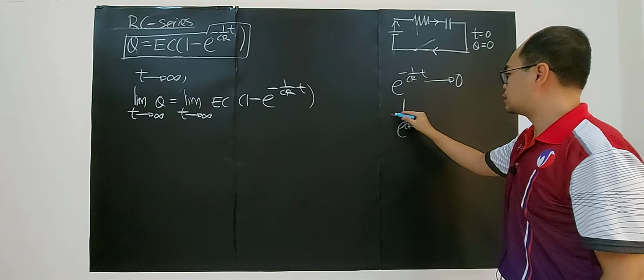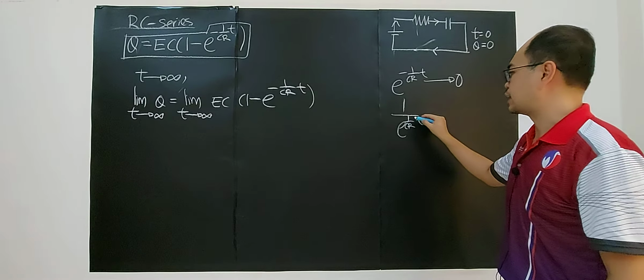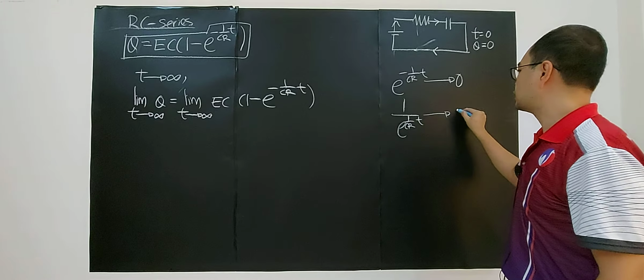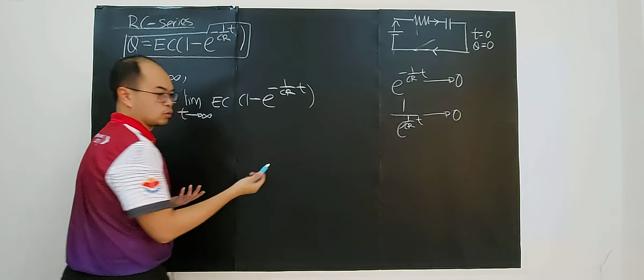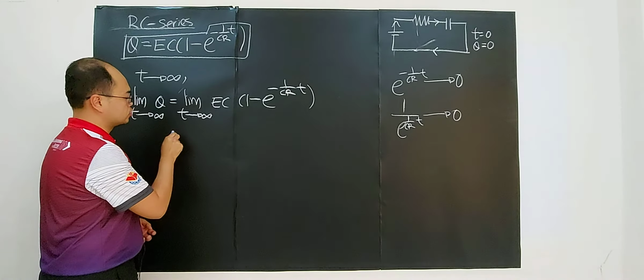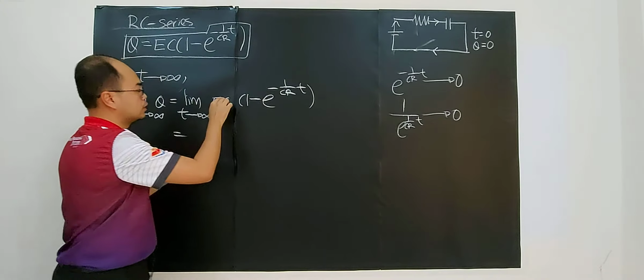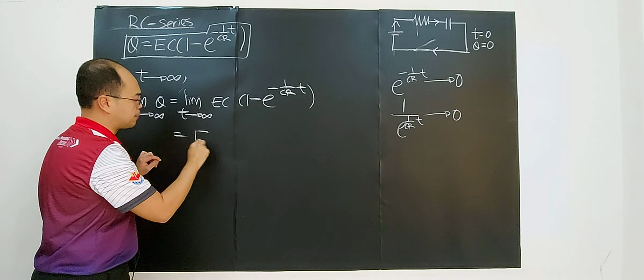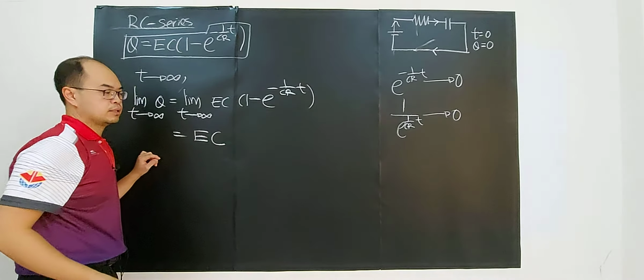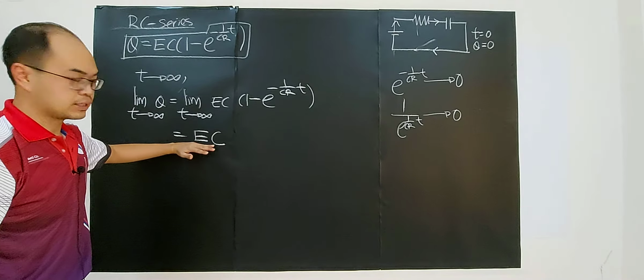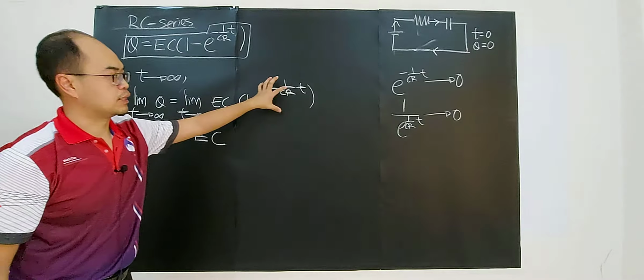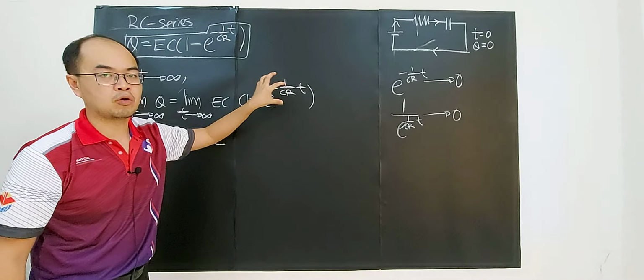A number divided by infinity, a very big value, is very near to 0. Or we can say that this can be 0. It's insignificant. So once this whole thing becomes 0, the charge on the capacitor will be EC. Nearly, we say EC, even though it's not really EC, because of the limit here, we assume this to be almost 0.